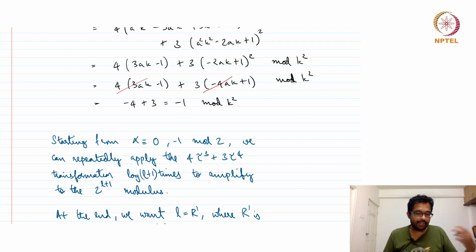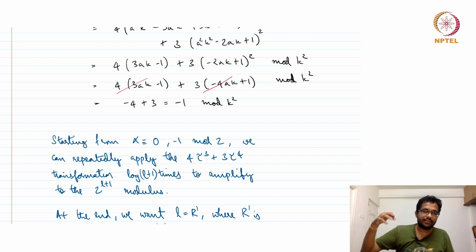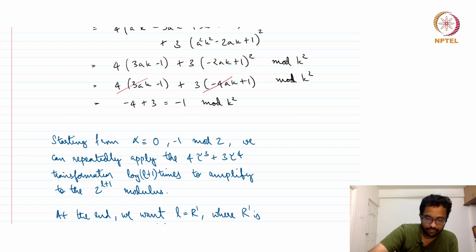And we could repeatedly apply this operation. I could go from 0 and minus 1 modulo 2 to 0 and minus 1 modulo 4, and then to 0 and minus 1 modulo 16. Every time the modulus is squaring: 4, 16, 16 squared is 256, and so on. And we need to get to 2 power L plus 1.